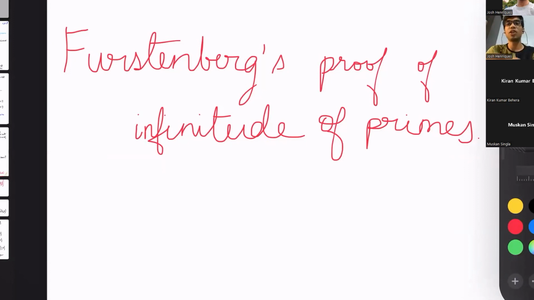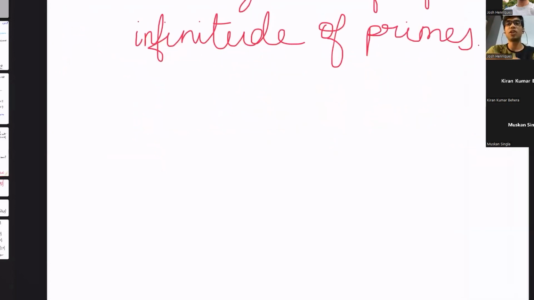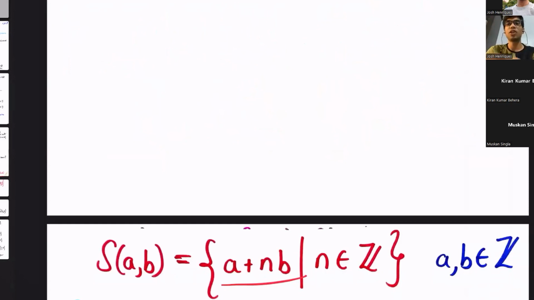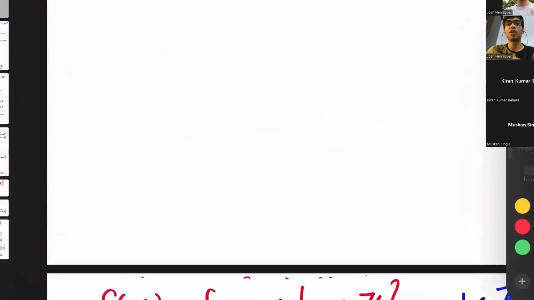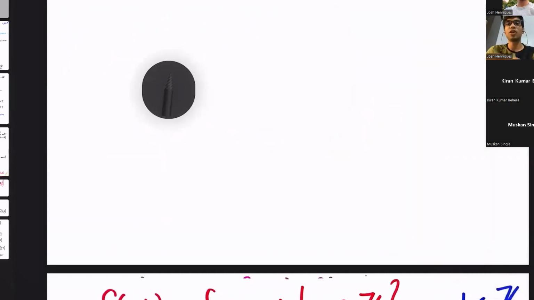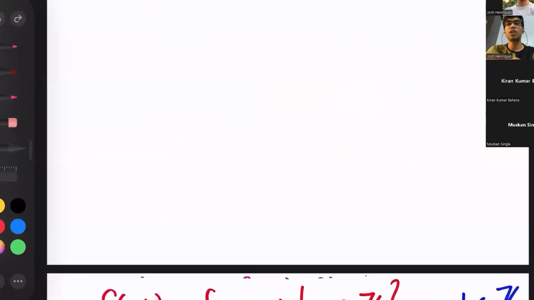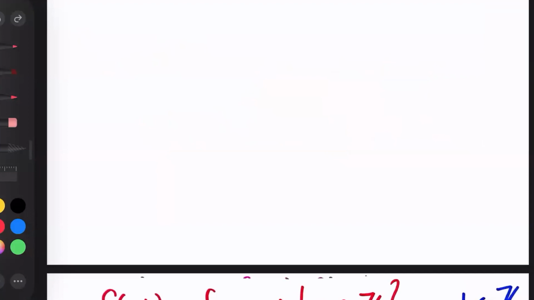To begin with, we will start with some special subsets of Z, which are these S_{a,b}, and we plan to play around a little bit with these subsets and explore some of their properties, which we shall then use later in the proof. We define S_{a,b} as the set of all integers of the form a + nb. We fix some particular integers a and b, and consider all integers of this form.